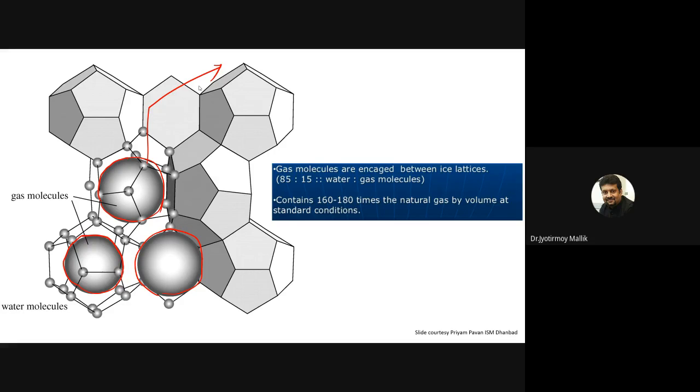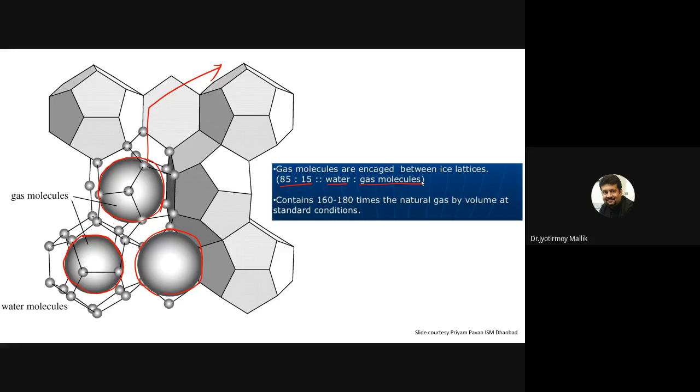The gas molecules are encaged between ice lattices in the ratio of 85 to 15. So if there is 85% of water, then there is 15% of gas molecules.